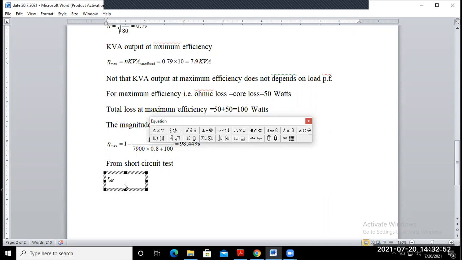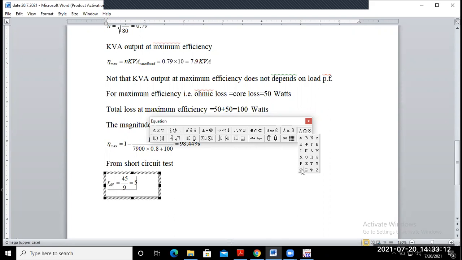Power is given as 45 and current is 3, so 3 into 3 is 9. So resistance is equal to 5 ohm.